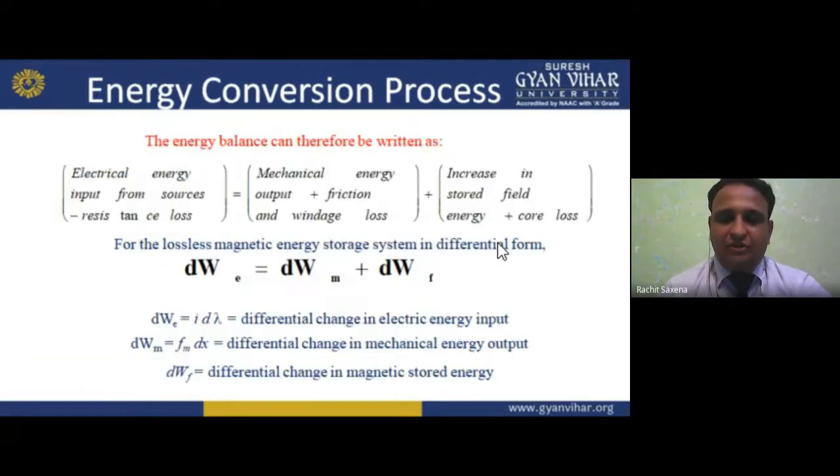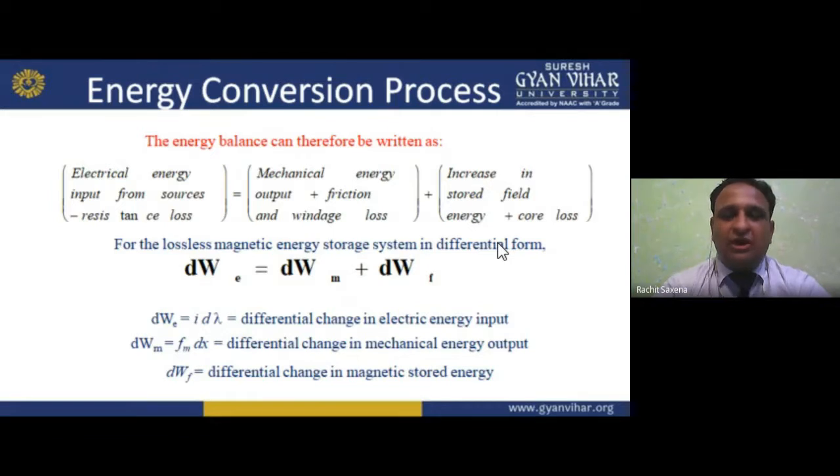Now moving forward, this is the energy conversion process. Electrical energy input from sources, that is resistance loss. I already told you resistance loss means I squared R, that is copper loss.